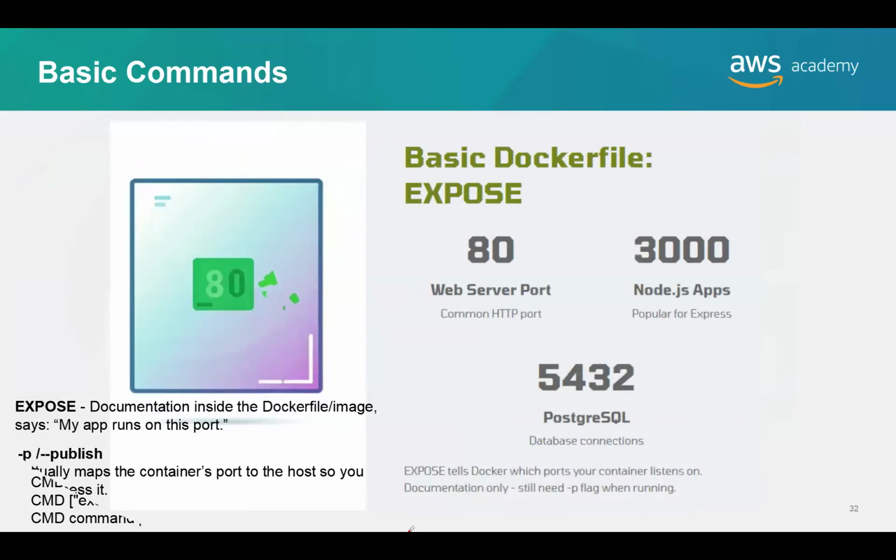Okay. So basic Dockerfiles will have port number 80. Express uses port 3000 for applications, and Postgres uses port 5432. There is one more instruction in Docker called EXPOSE, which declares the ports your container listens on.